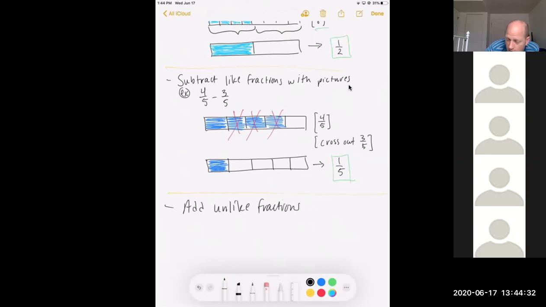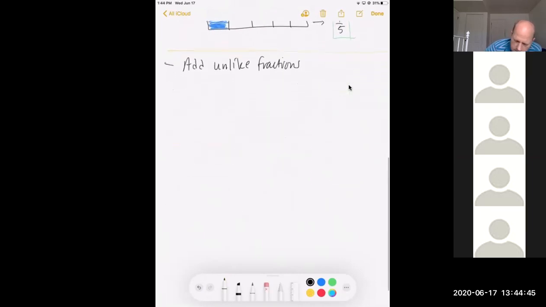The pieces the whole is divided into are different sizes from one addend to the other. So we're going to start by adding unlike fractions.